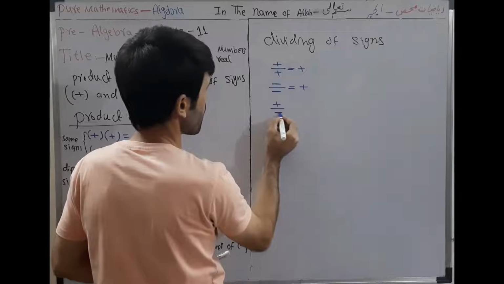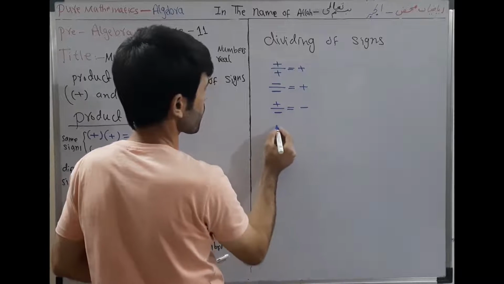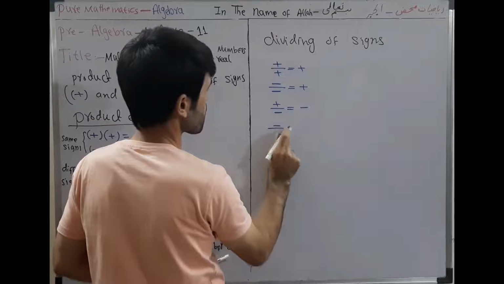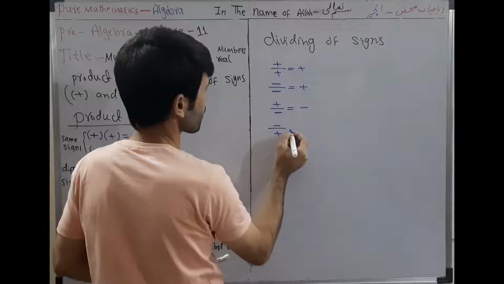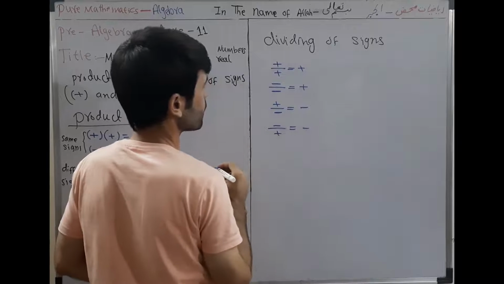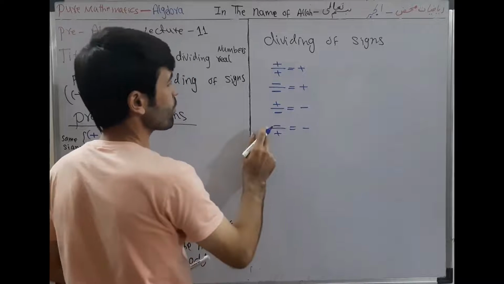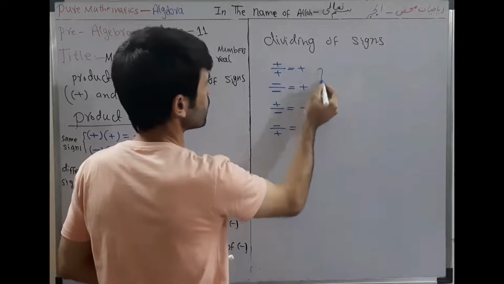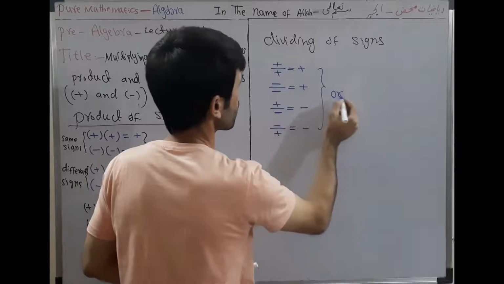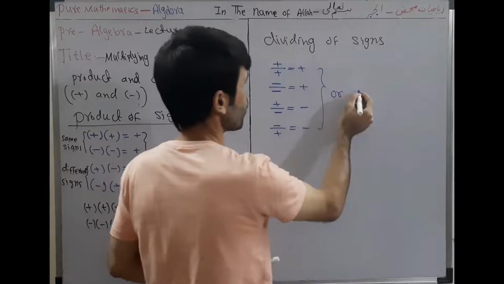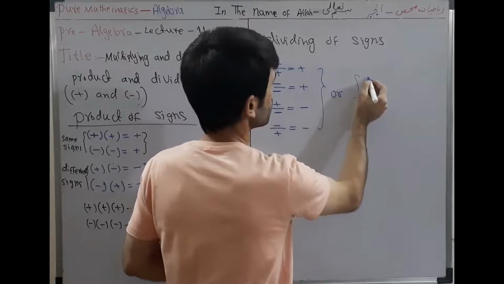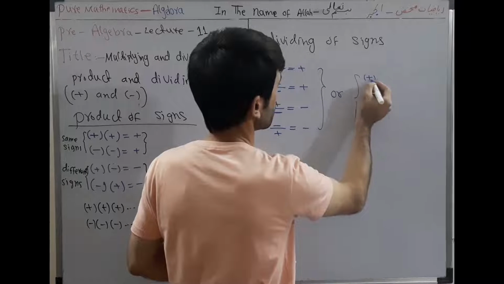Positive divided by minus is equal to minus. Minus divided by positive is equal to minus. It is the rule of dividing signs.